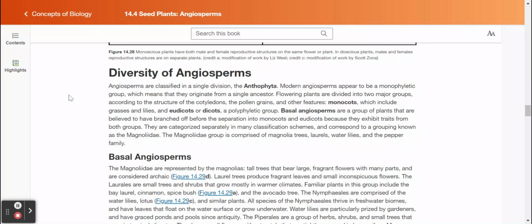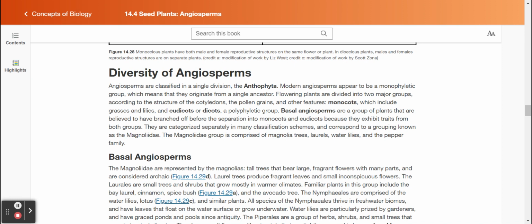Diversity of angiosperms. Angiosperms are classified in a single division, the Anthophyta. Modern angiosperms appear to be a monophyletic group, which means that they originate from a single ancestor. Flowering plants are divided into two major groups according to the structure of the cotyledons, the pollen grains, and other features: monocots, which include grasses and lilies, and eudicots, or dicots, a polyphyletic group.